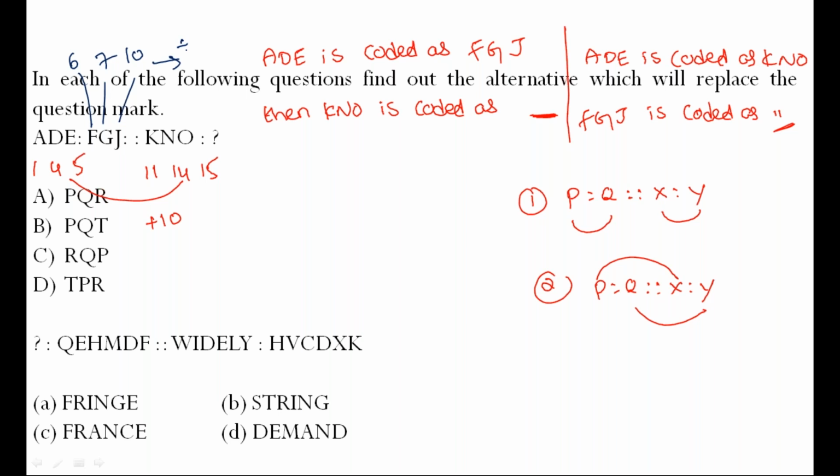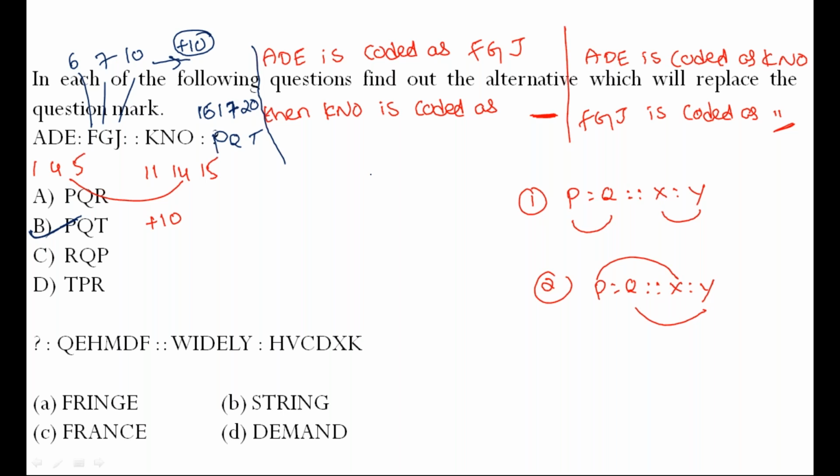If you apply plus 10, you will get 16, 17 and 20. 16 is P, 17 is Q, 20 is T. So PQT is correct. So plus 10 they are performing.